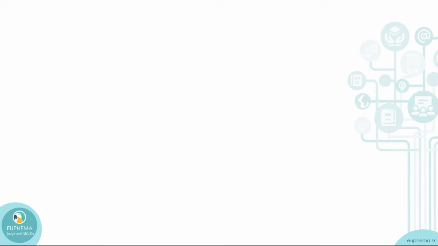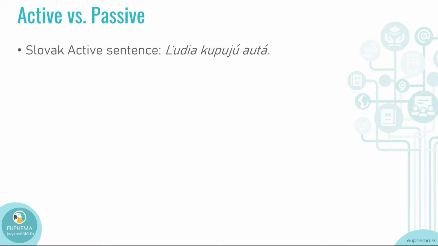Now, to contrast a little bit more, as I promised, I also put there these Slovak translations of the English sentence examples. So this active sentence says, people buy cars, right? Now, how to put it into passive?